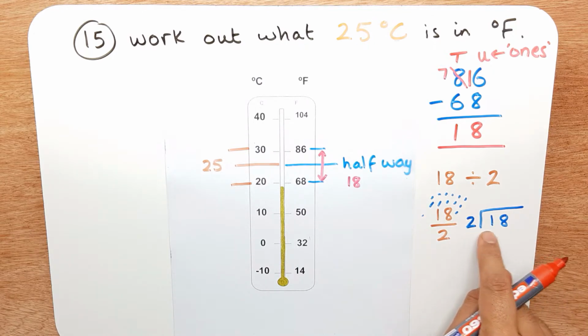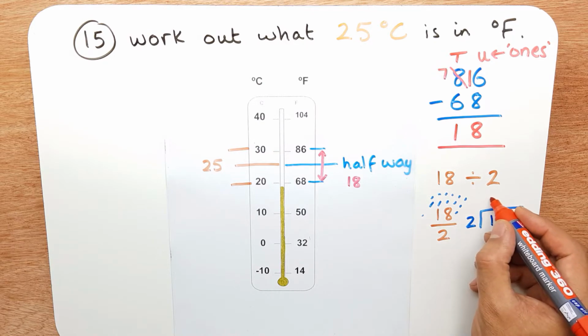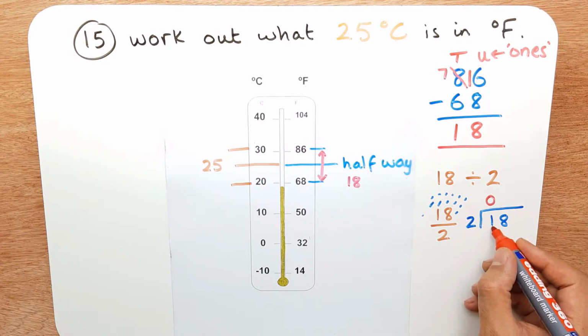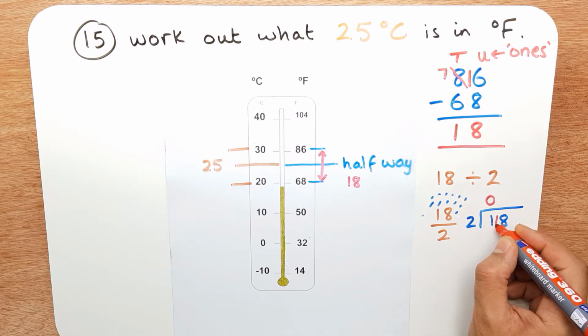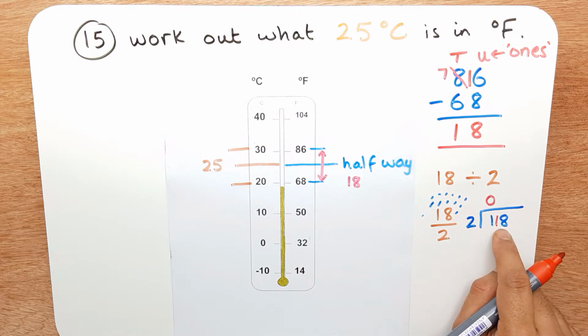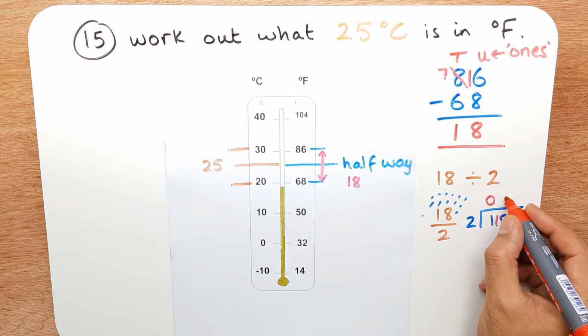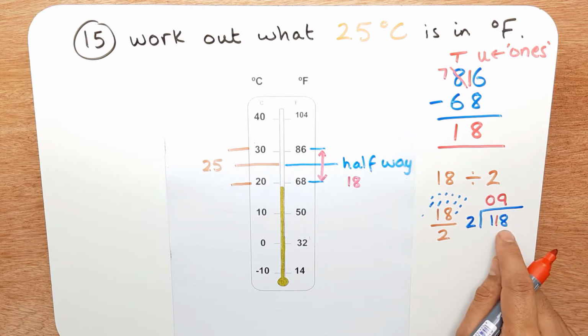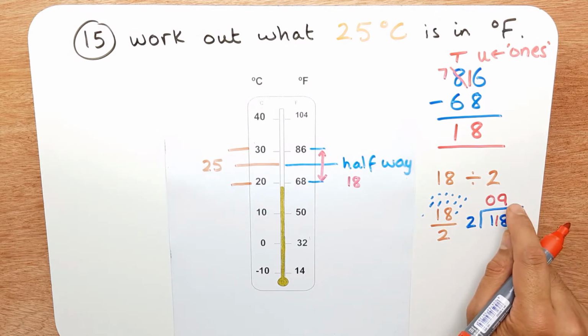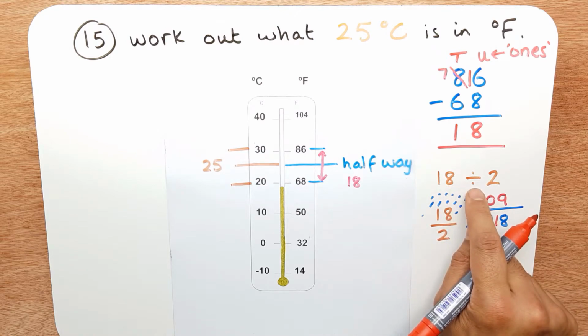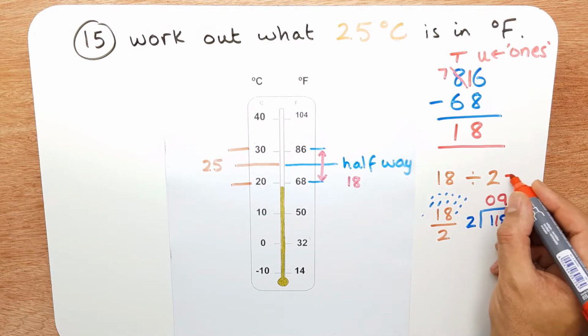How many 2s are there in this one? 0. So we carry the 1 over, and that 8 becomes 18. How many 2s are there in 18? There's 9. And we can stop there because there's no remainder. So our answer is 9. So 18 shared by 2 is 9.